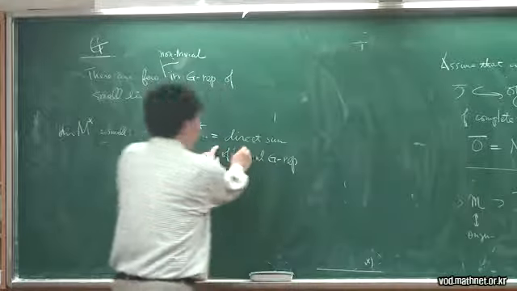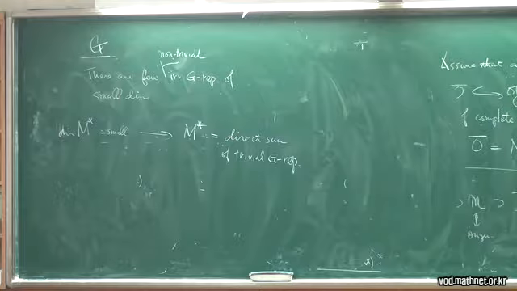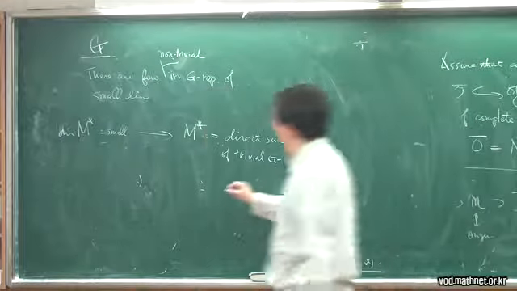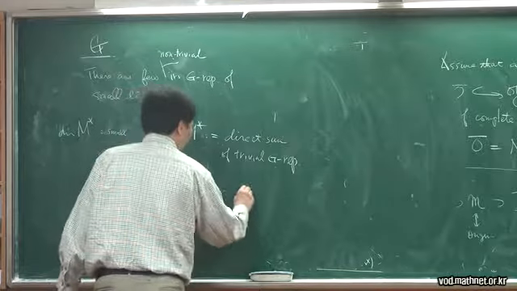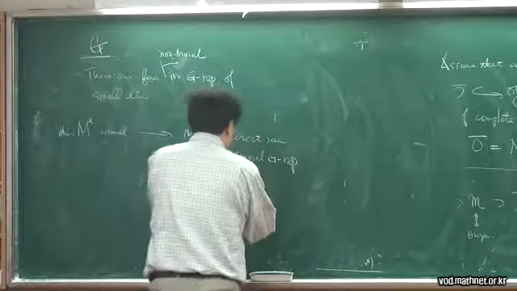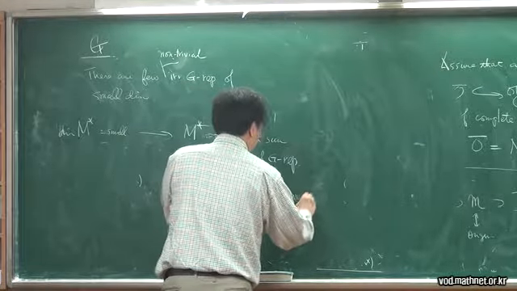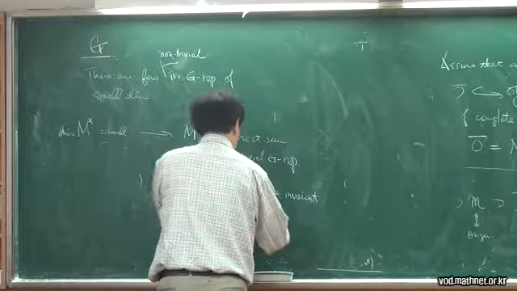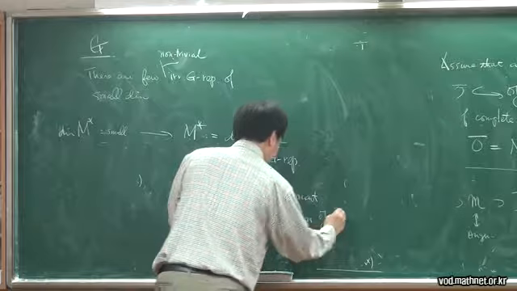So if such things hold, then this is trivial, so G acts trivially. So these Fi are invariant polynomials. So F1 to Fr are all G adjoint invariant polynomials on g.